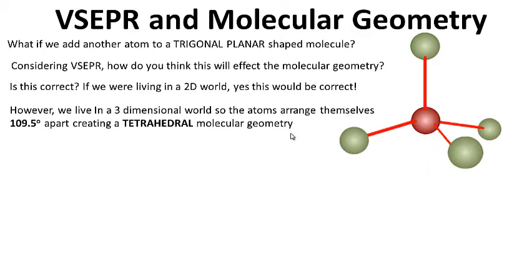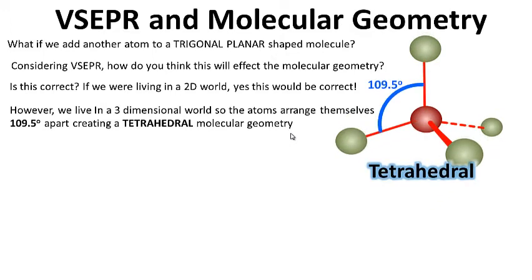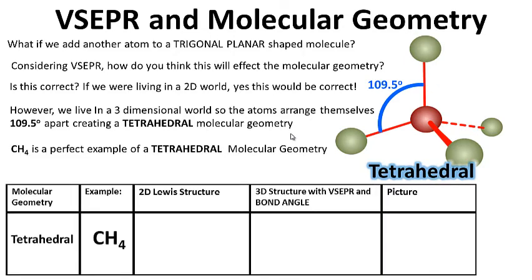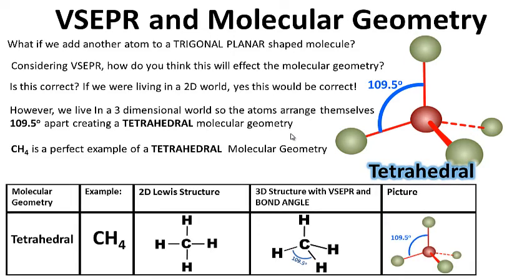However, we live in a three-dimensional world, so the atoms arrange themselves 109.5 degrees apart, creating a tetrahedral molecular geometry. Okay. So methane, CH4, is a perfect example of tetrahedral molecular geometry. Okay. Earlier we may have drawn something like this, but in the future, something like this is probably more realistic because it represents the 3D arrangement, okay, of atoms in a molecule.